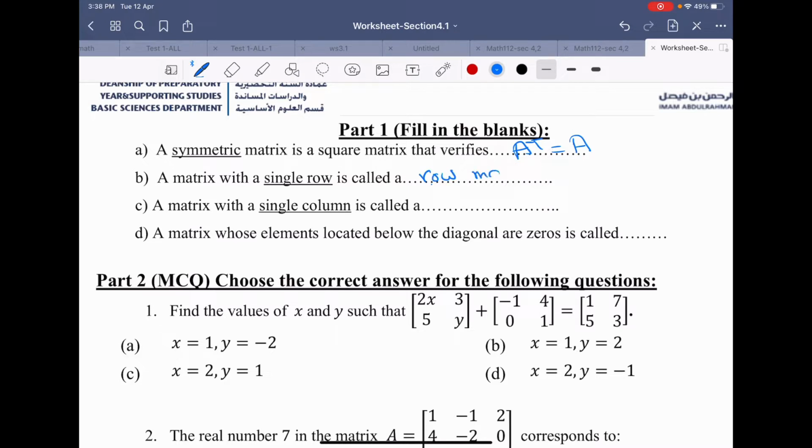Also here, a matrix with a single column is called a column matrix. A matrix whose elements located below the diagonal are zero is called... since we said below, it would be the upper triangular matrix.